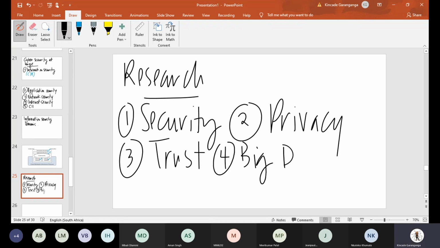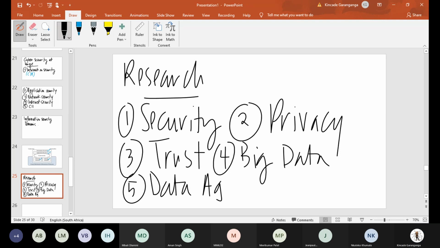Big data and data aggregation. Right, so this is part and parcel of content that is obviously relevant as well.